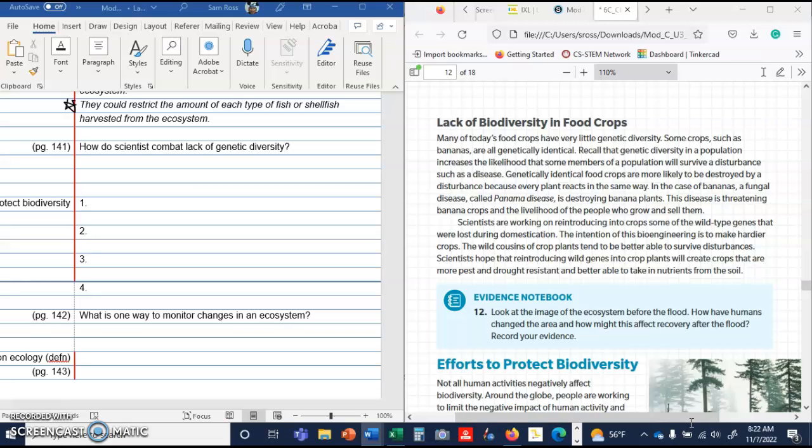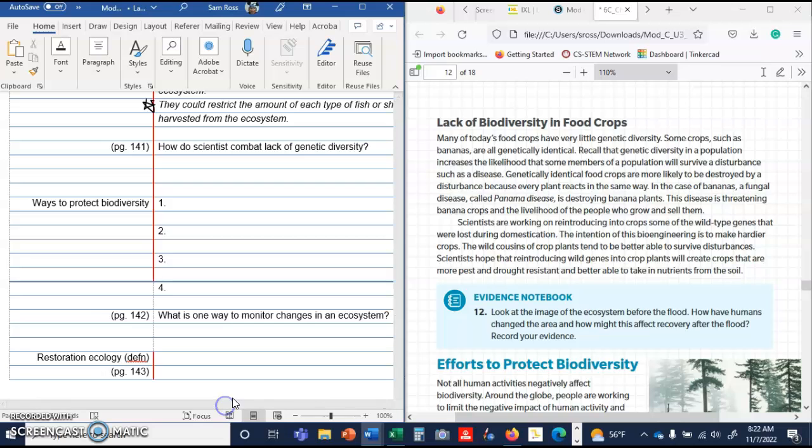The intention of this bioengineering is to make hardier crops. The wild cousins of crop plants tend to do better. So one of the ways that they are combating lack of genetic diversity is by reintroducing into crops some of the wild type genes that were lost during domestication, because those are hardier plants.